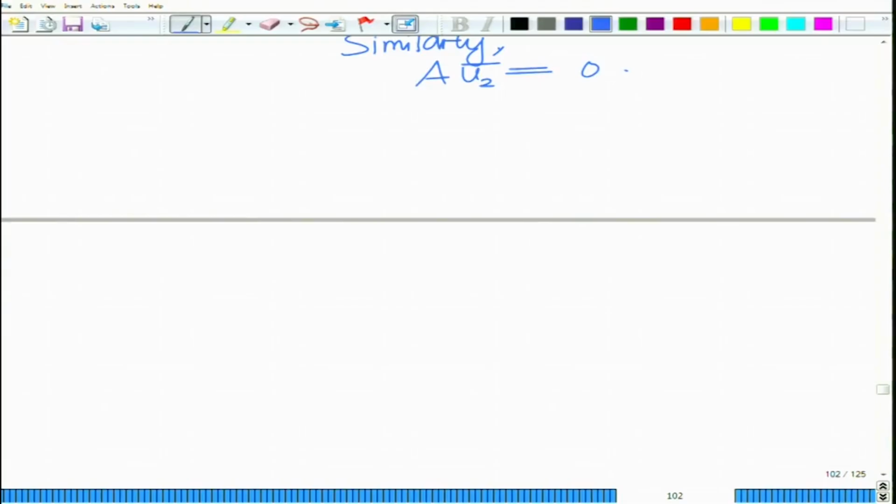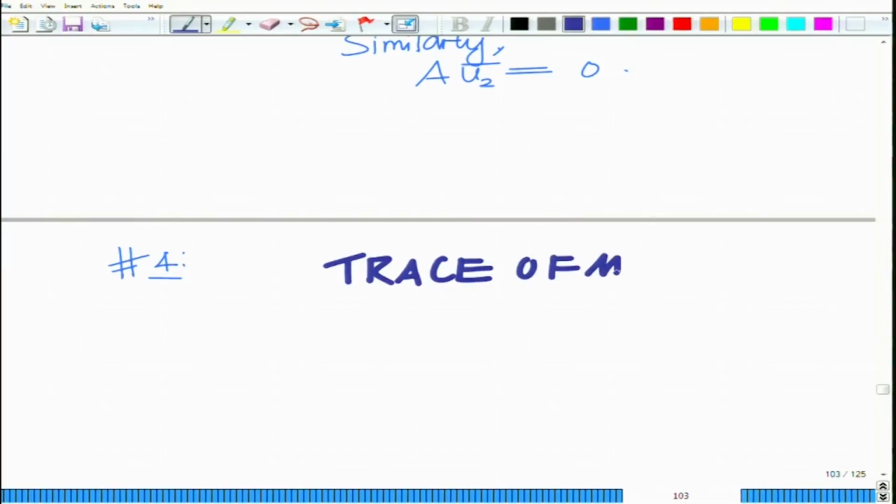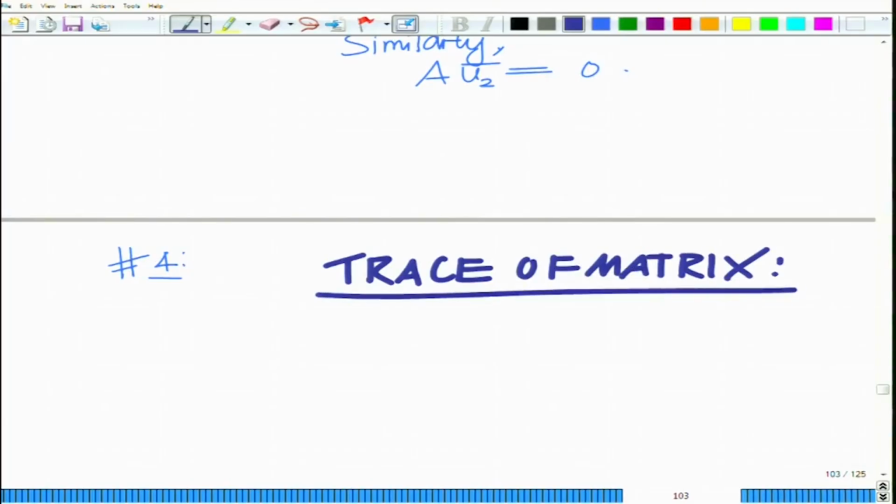Let us look at another example, example number 4, and this is regarding the trace property, the trace of a matrix.